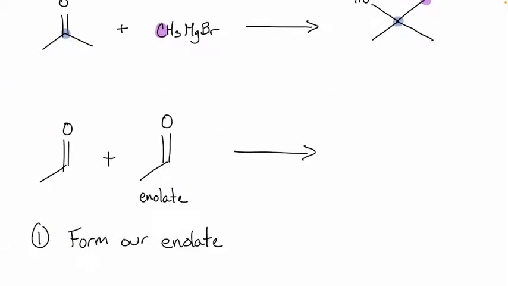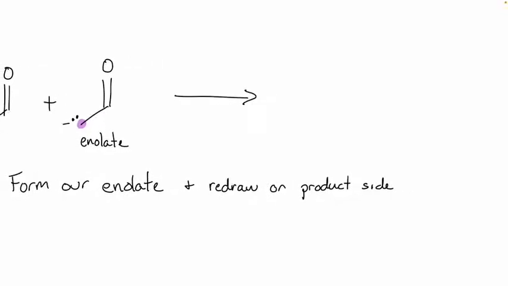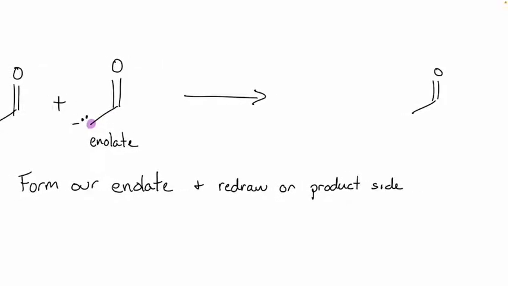Okay? So if I'm going to make this one an enolate, I'm going to put a negative charge on that alpha carbon. Form our enolate, and we can redraw it on the product side. All right, so we're just going to redraw that enolate ion.